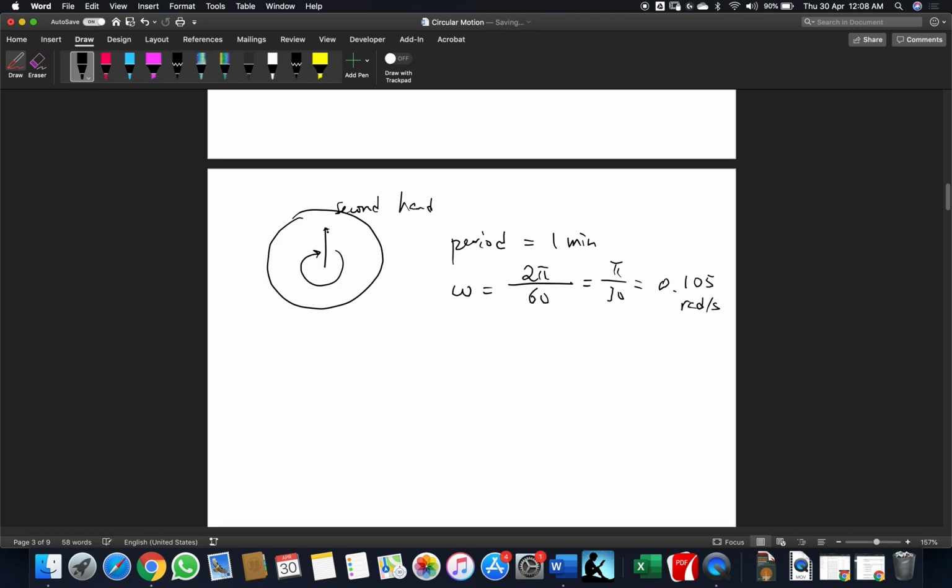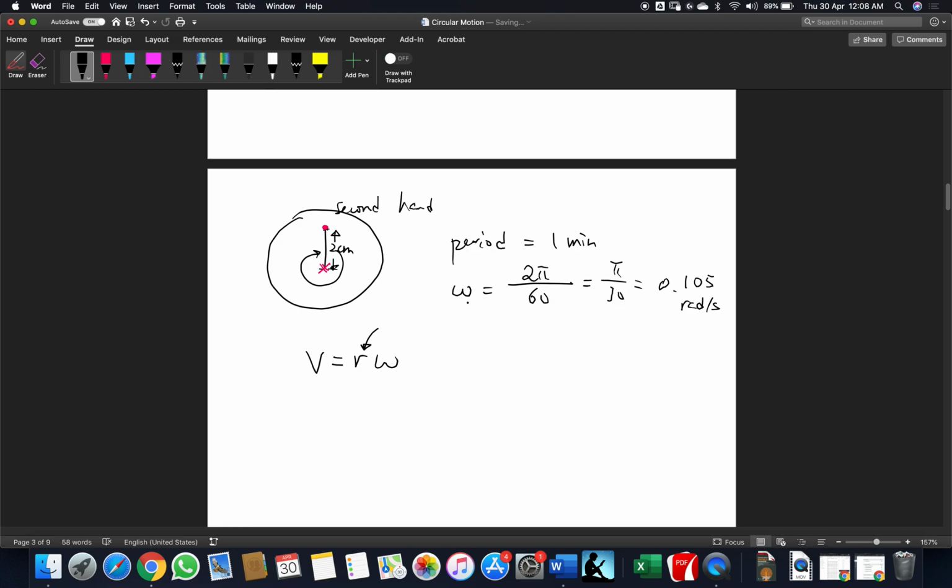Let's say the length of this second hand is 2 cm. We want to find the speed at the tip of the second hand. The distance between the tip and the center of the circle is 2 cm. So we use the formula v equals r omega, where r is the distance between the particle and the center of the circle, and omega is the angular speed.